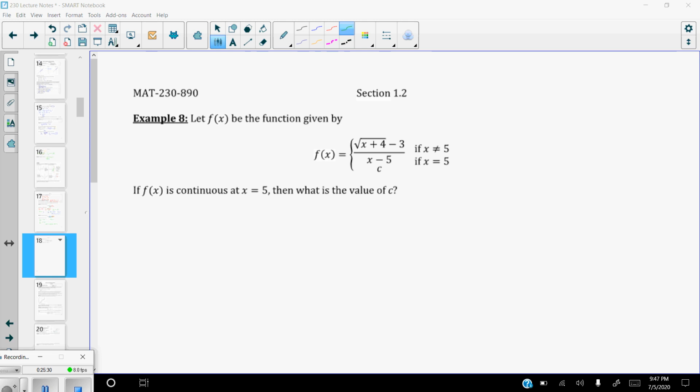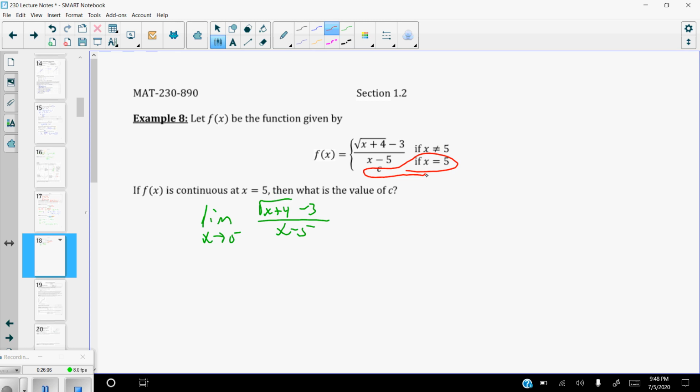In order to figure that out, we're going to have to find the limit as x approaches 5 of square root of x plus 4 minus 3 over x minus 5. Whatever that limit is, that's also going to have to be the function's value at 5, which is what we're looking for, because that part is the what is c part.